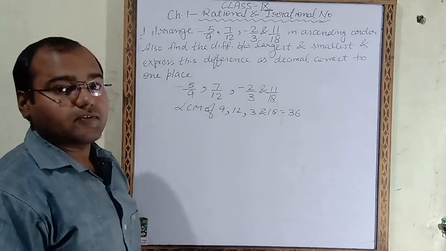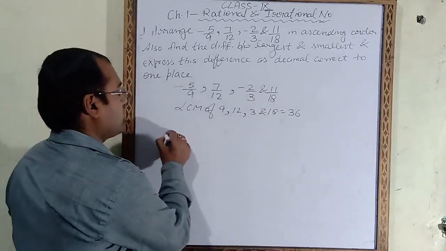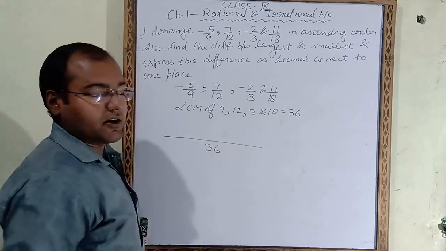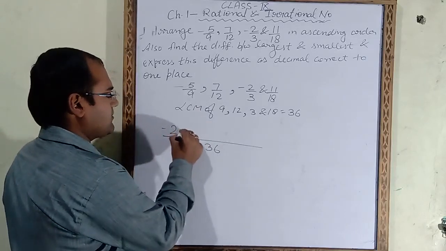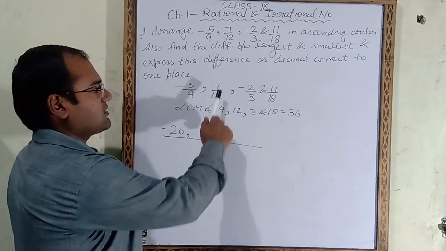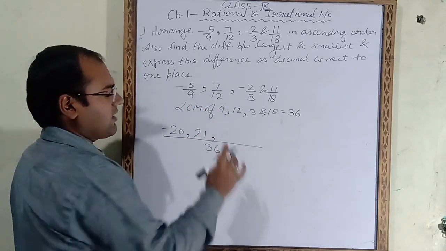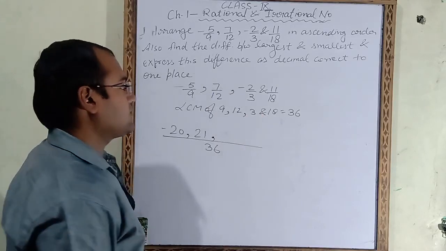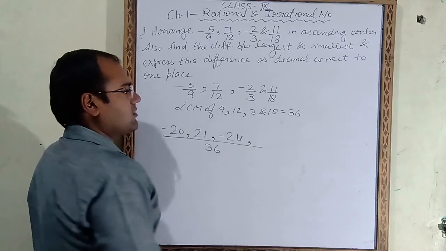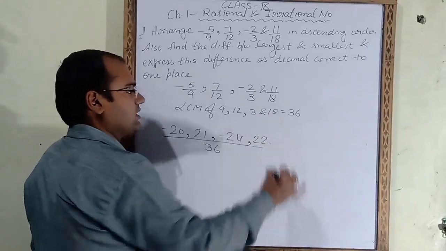After finding the LCM, what do we have to do? We have to make these denominators the same. So 9 times 4 is 36; 4 into minus 5 gives minus 20. 12 times 3 is 36; 3 multiplied by 7 gives 21. 3 times 12 is 36; 12 into minus 2 gives minus 24. 18 times 2 is 36; 2 into 11 gives 22.